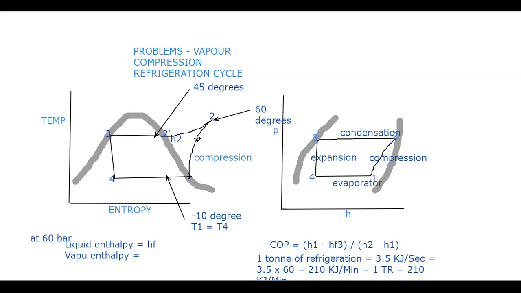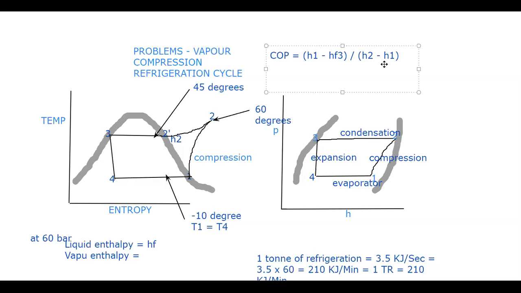Now what we require is H2. Actually in the COP problem, the COP formula I've already written here, right? See this. What is the COP formula? H1 minus HF3 in the numerator. Correct. So already we know H1, HF3, right?